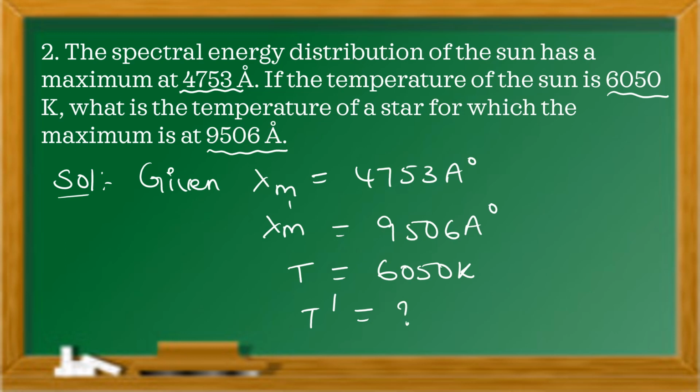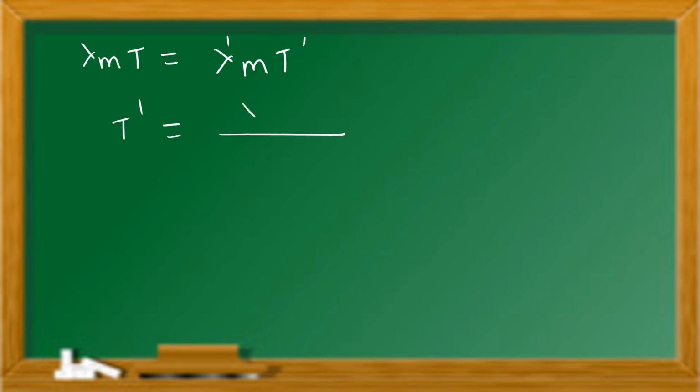Now next we will write the formula: lambda m into T is equal to lambda dash m into T dash. Now we are calculating T dash, that is lambda m into T by lambda dash m.